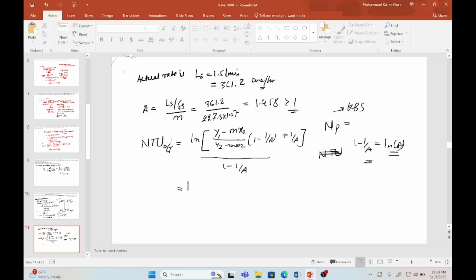So we'll put in the values: ln of y1 0.01 minus 0, y2 0.0001, 1 minus 1 upon 1.458, plus 1 upon 1.458, divided by 1 minus 1 upon 1.458.